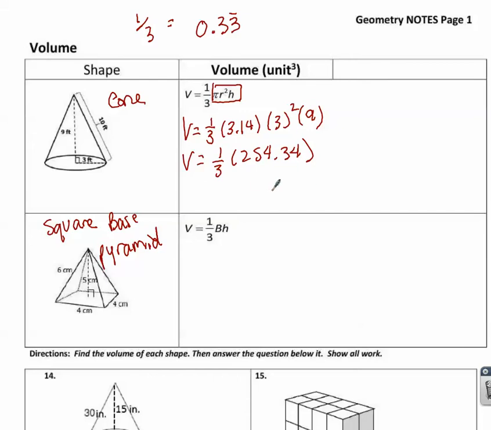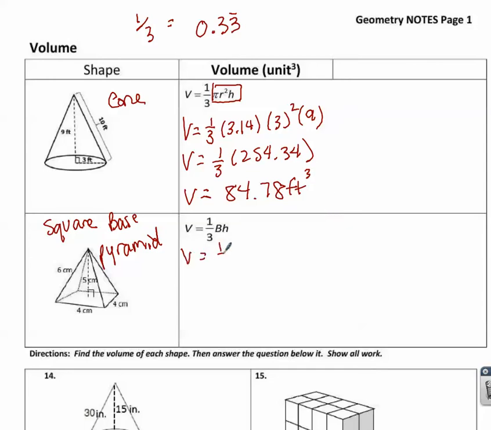Now I can take that in my calculator and divide by 3. That is one option to solve that. But because this is a repeating fraction, you can't type in 1/3 times all of these things. So this is going to be feet cubed.